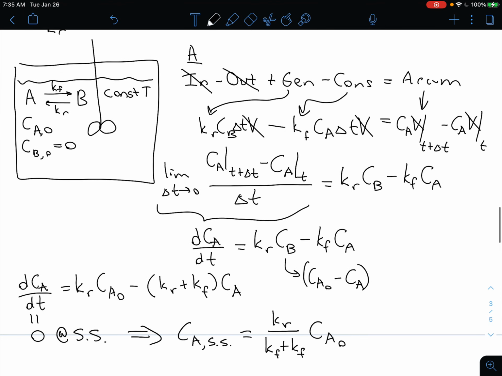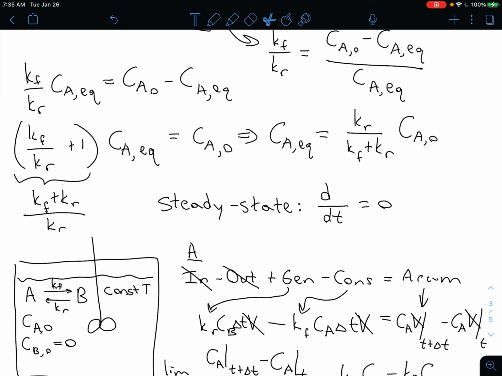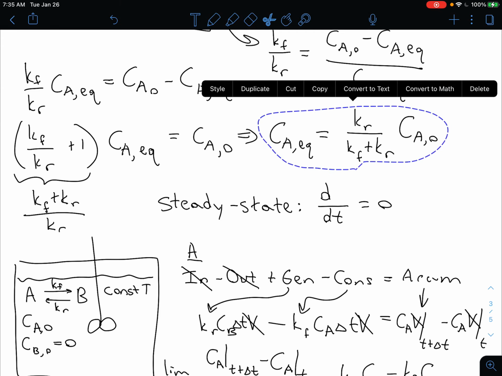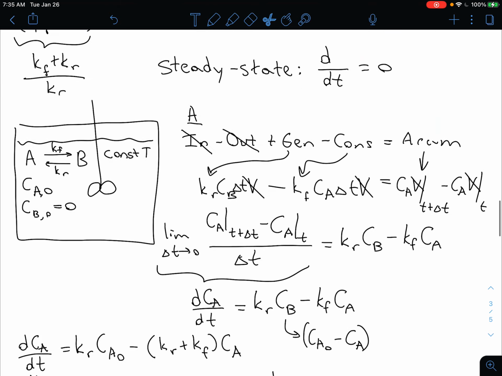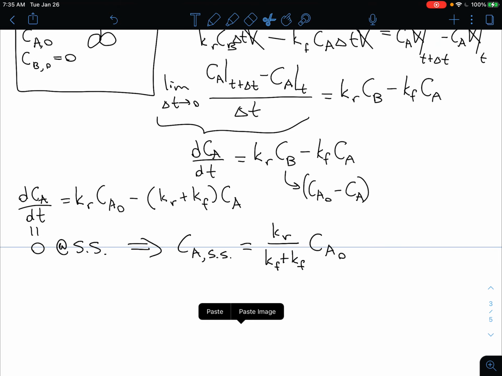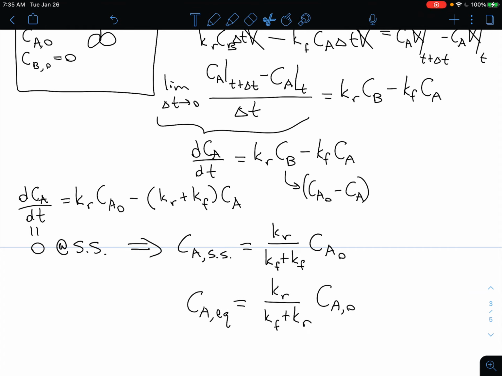And what we wanted to check is, did this agree with our prediction based on what we know from chemical equilibrium constants? So let's confirm. In fact, it is the same.